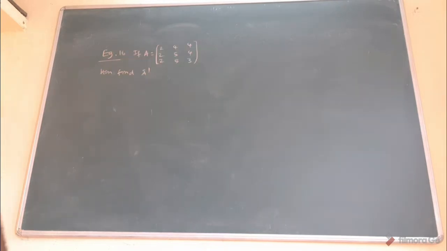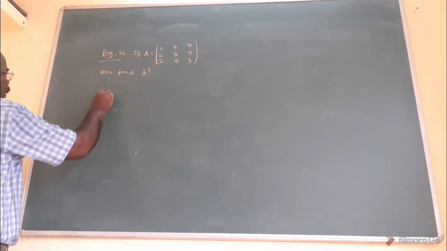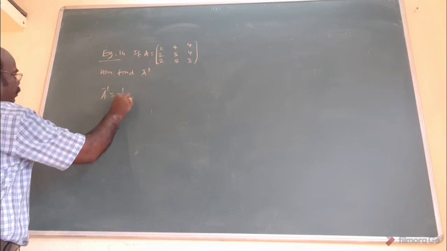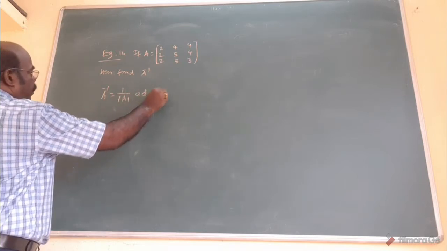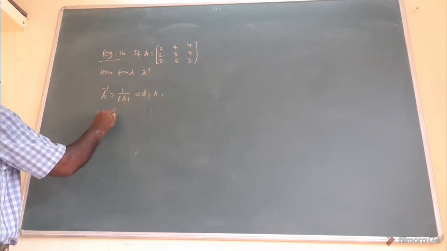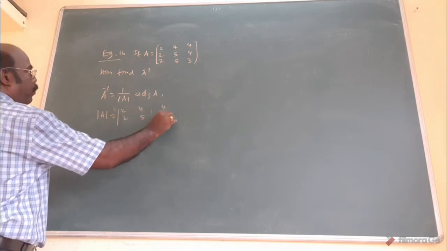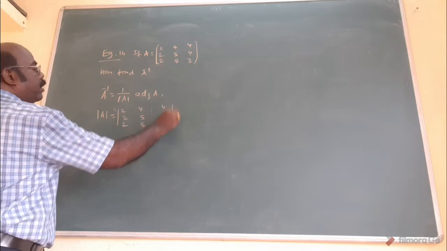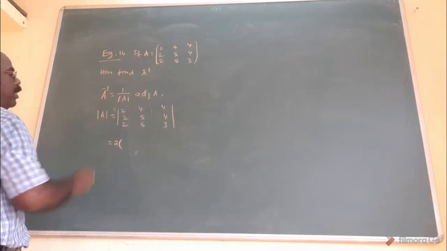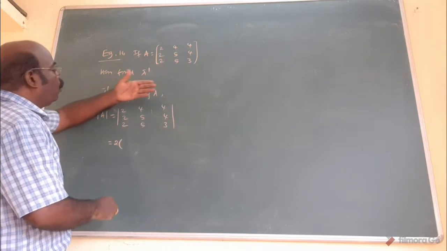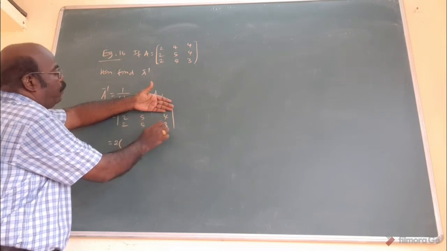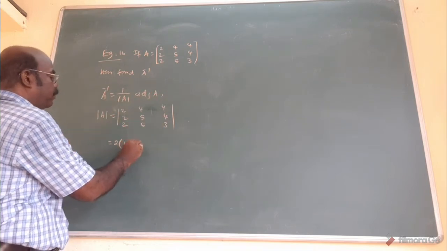Next question, example 16. If A equals the given matrix, then find A inverse. As usual, first write the formula for A inverse. This is the formula. Now determinant of A: 2, 4, 4, 2, 5, 4, 2, 5, 3. Am I right? Now 2 into, and as I told you, the row and column cancel. 15 minus 20.